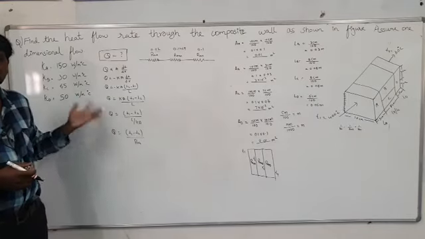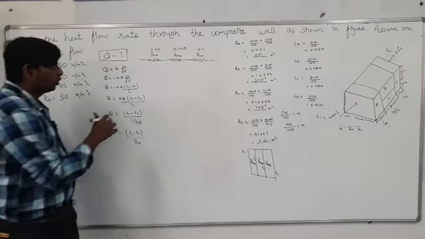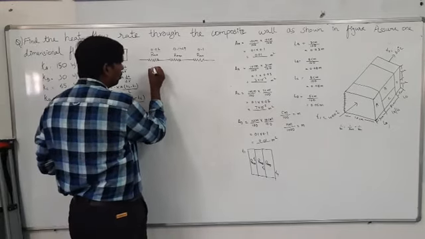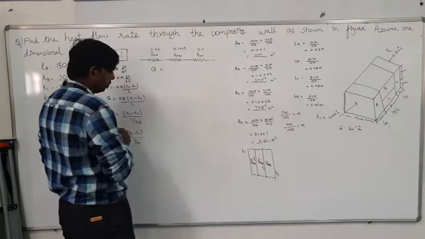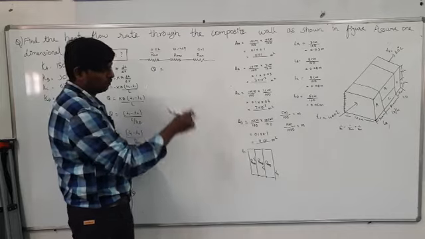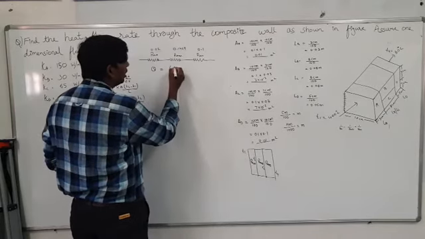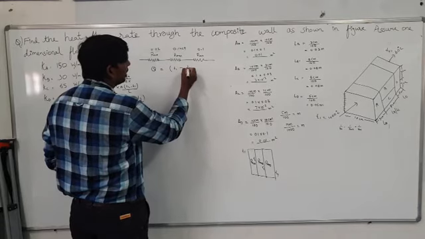Now as per the requirement of the question, I have to modify this formula. How many temperatures do we have? Four temperatures: T1, T2, T3, T4. So I have to take T1 minus T4.